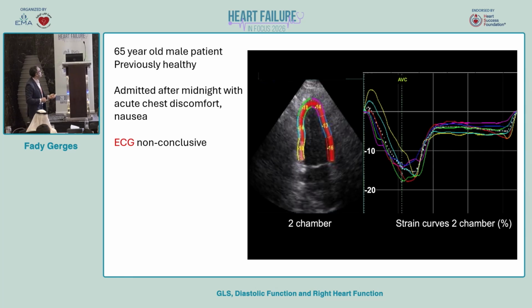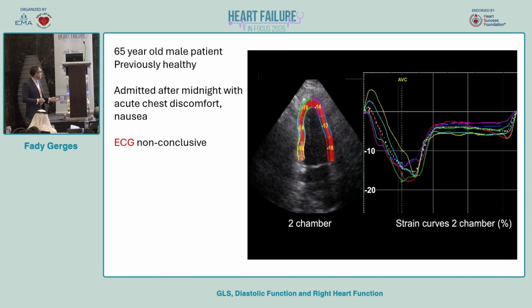This is a 64-year-old patient, previously healthy, admitted after midnight with acute chest pain, suspected of acute coronary syndrome. His ECG was inconclusive, but his troponin came high. Look at this 2-chamber view, and look at that yellow curve, which at the aortic valve closure turns to -10. -10 is low, and this correlates exactly with the basal inferoseptal wall, which basically correlates with the right coronary artery, right?